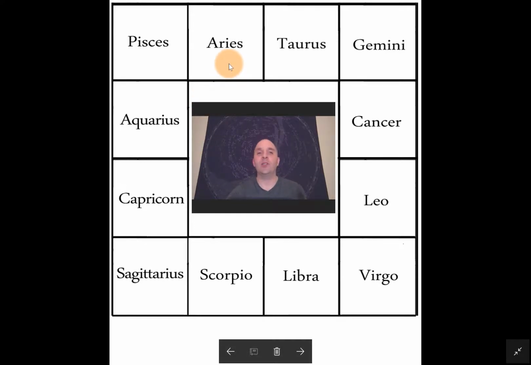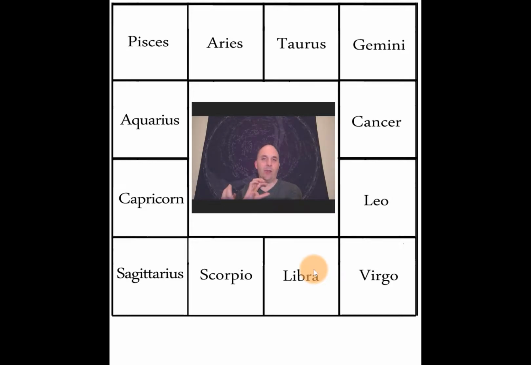Let's start with Aries. The opposite sign of Aries is Libra, because that's the seventh sign. Any sign that's the seventh sign is literally the furthest away, 180 degrees. When we talk about turning 180, it's like turning all the way around, going from the front of something to the back.